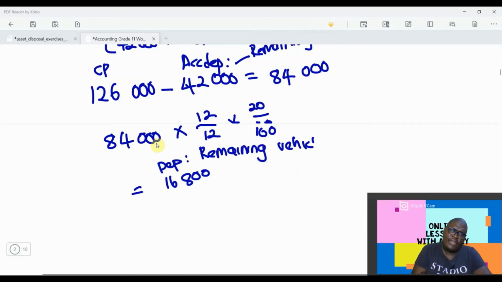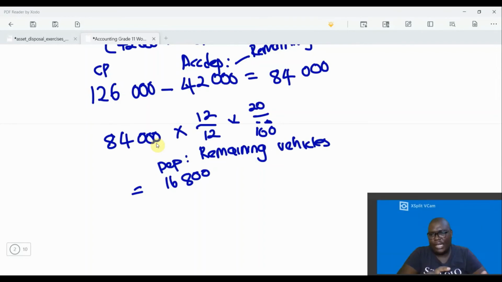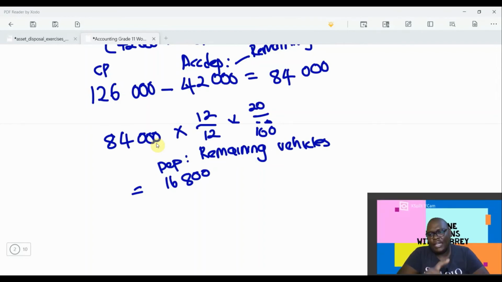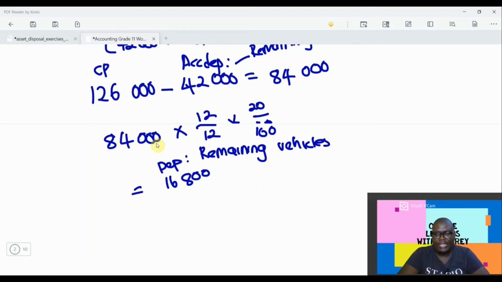The tricky part about this accumulated depreciation is when you're supposed to subtract the cost of the one that was sold from the opening balance, and as well subtract the accumulated depreciation of the sold vehicle from the accumulated depreciation of all the vehicles at the beginning of the year.